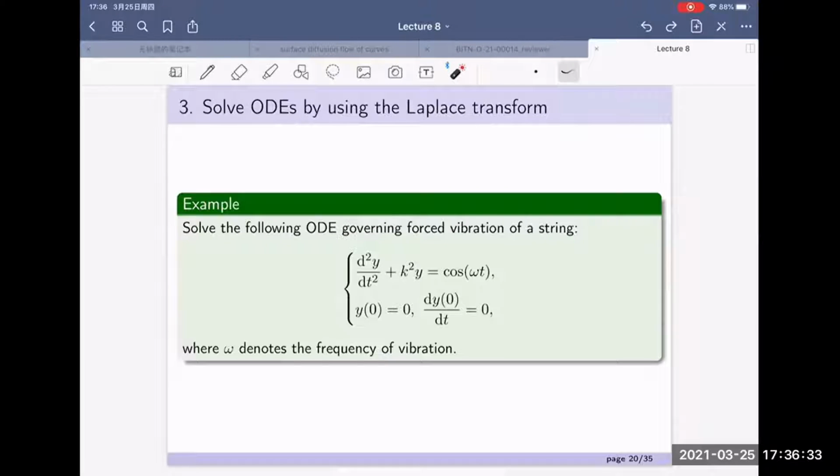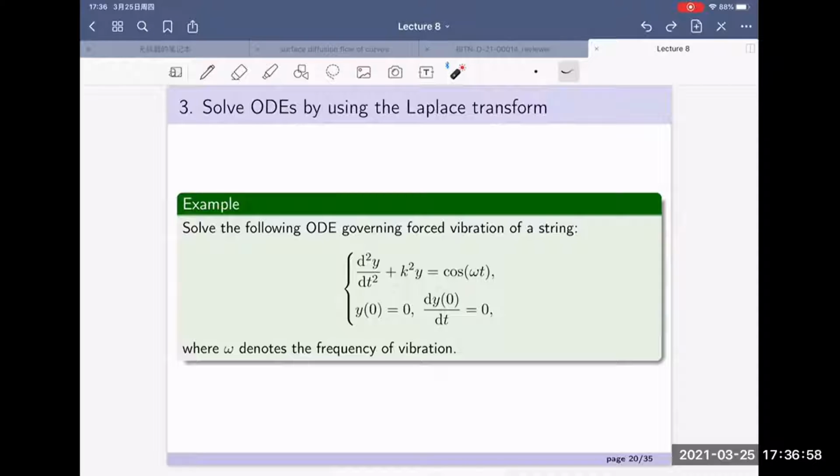Maybe you have learned in high school that if the frequency of the external force coincides with the internal frequency, then resonance happens. Resonance can destroy the string.